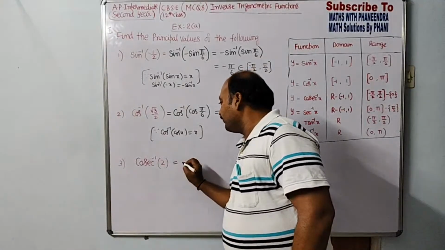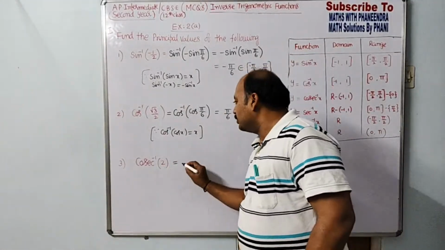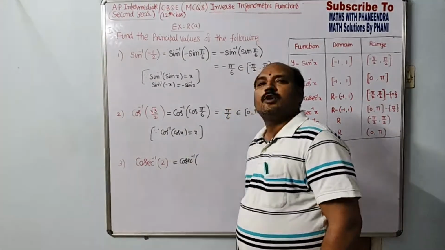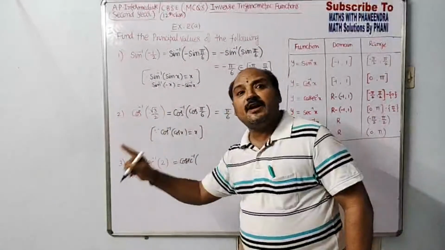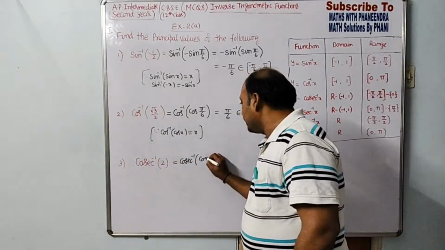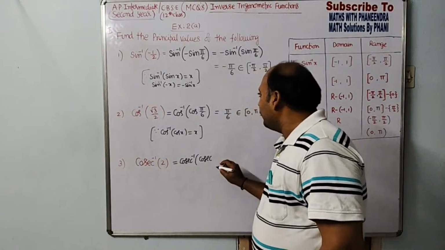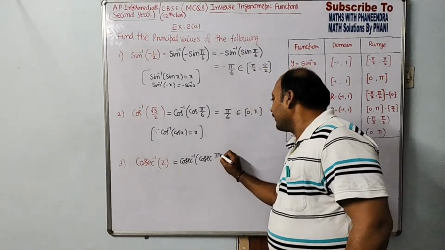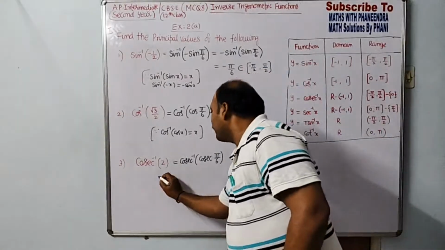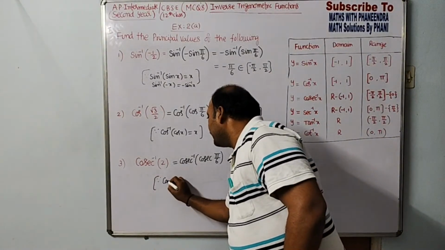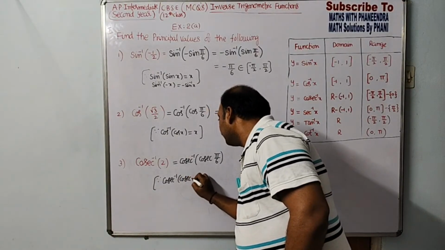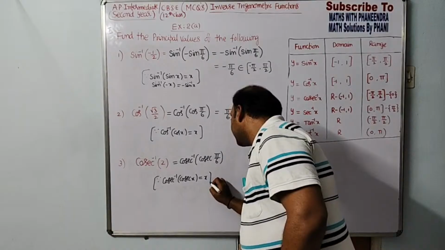Now come to this one, cosecant inverse of 2. The value 2 in terms of cosecant is cosecant 30. So cosecant of 30 means what, dear students? Pi by 6. Again we have the same formula: cosecant inverse of cosecant x is equal to x.